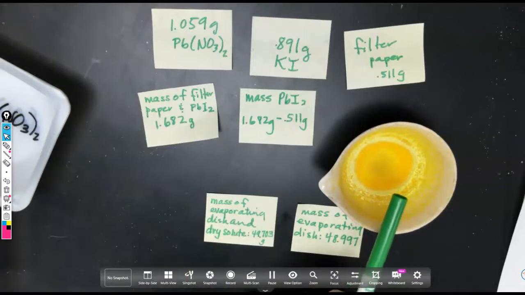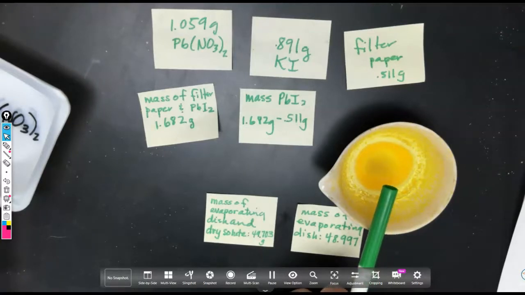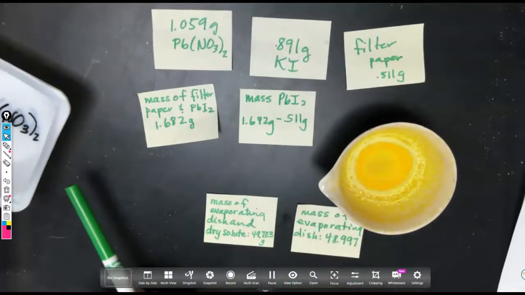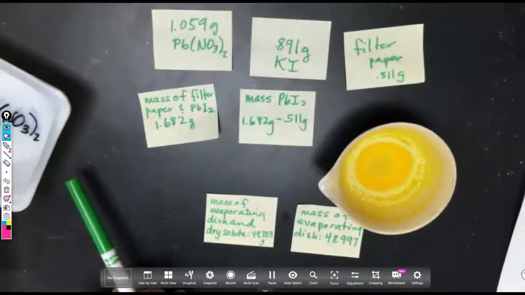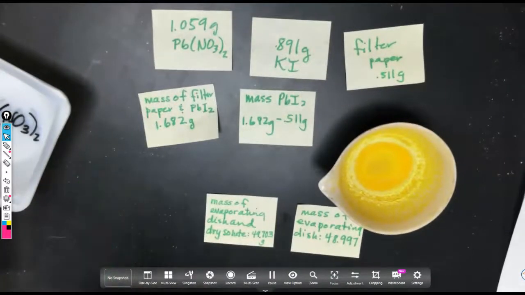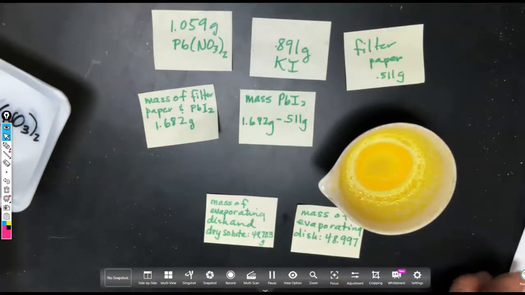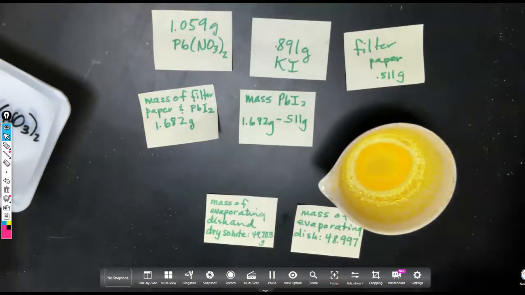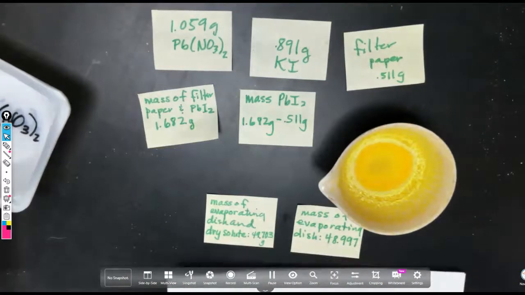And this, as we've already talked about, is probably a mixture of things, including the KNO3, including the rest of the precipitate that we didn't quite get filtered out, and probably also including some excess reactant. So we are going to need to be able to determine our percent yield of both the PbI2 and of the KNO3.